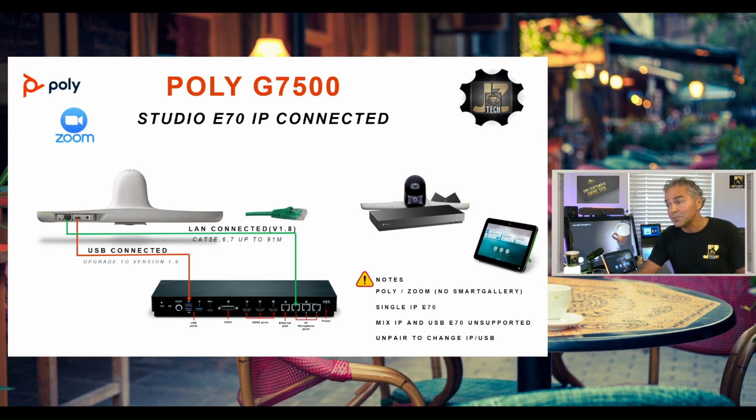And that gives you the possibility to use cat cables up to 91 meters. So it's cat 5e, 6 or 7, and you can use those types of cables to connect between the devices. But be aware, this is only in the Poly and the Zoom mode today.